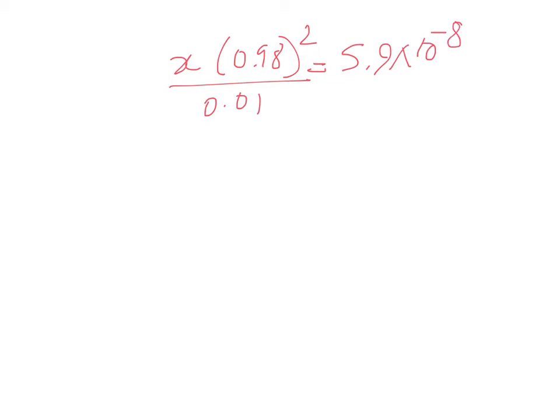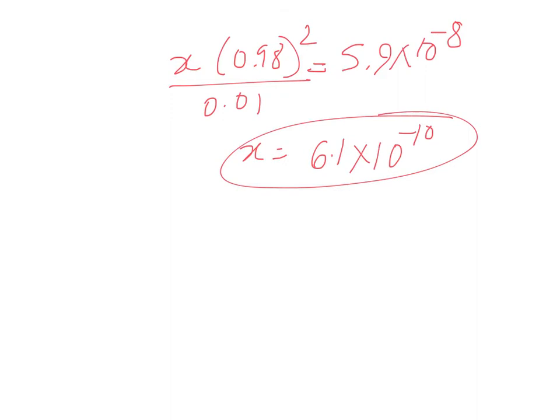And so when you solve this, the value of x will come out to be 6.1 times 10 to the power of negative 10. Now that's a really small value, but that will be the concentration of free silver plus, which also contains a boatload of ammonia. We had 1 molar solution of ammonia in our system.